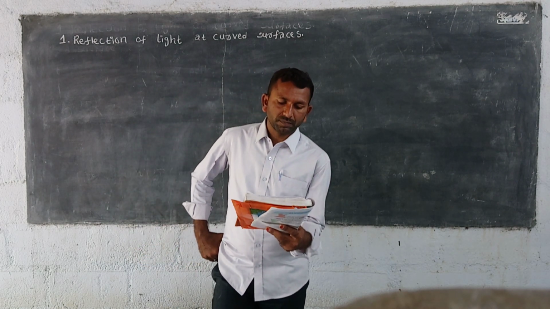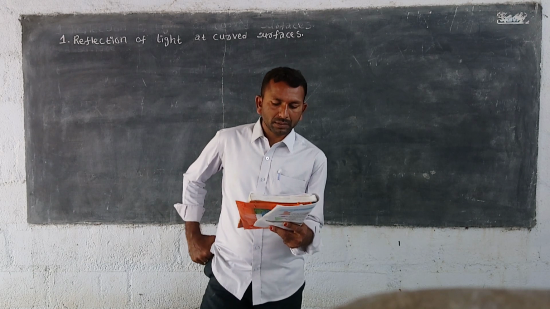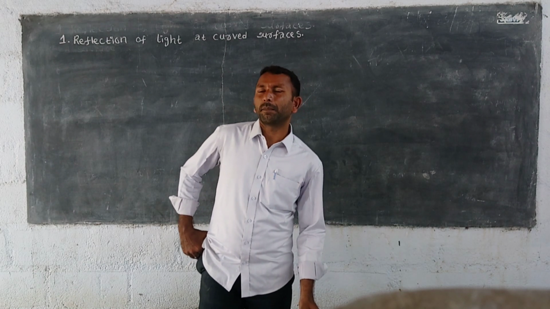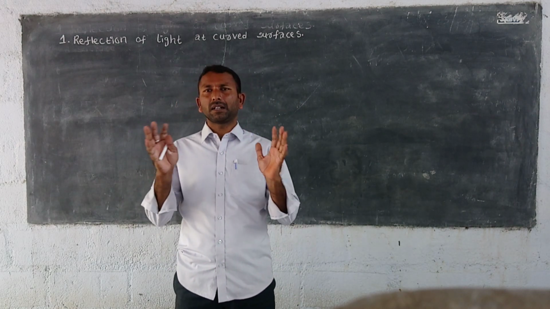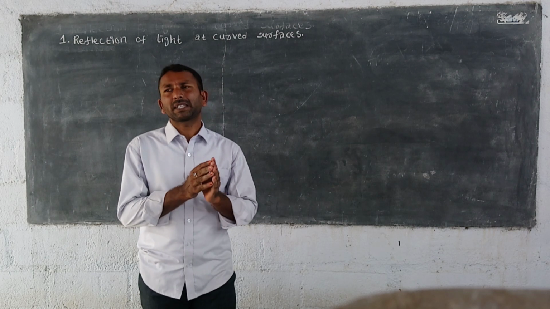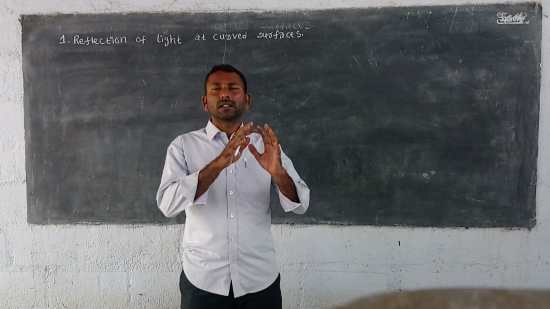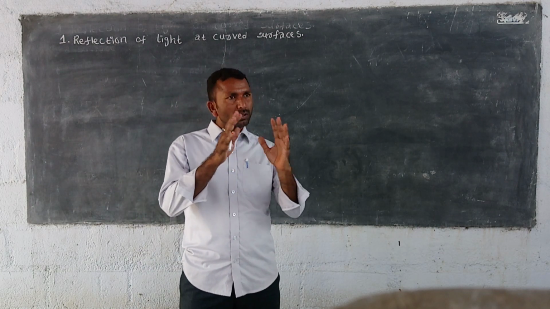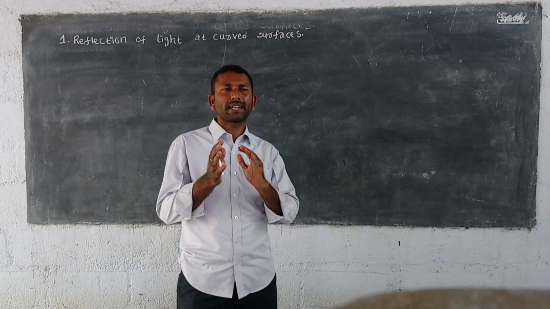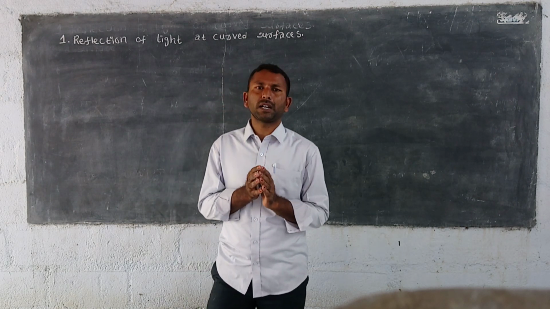Look at the book. Is the image formed by a bulbous surface the same as the image formed by a plane mirror? Bulbous surface means something like a ball. If you observe your image on a steel ball, it looks bulged, slightly different from the original object.